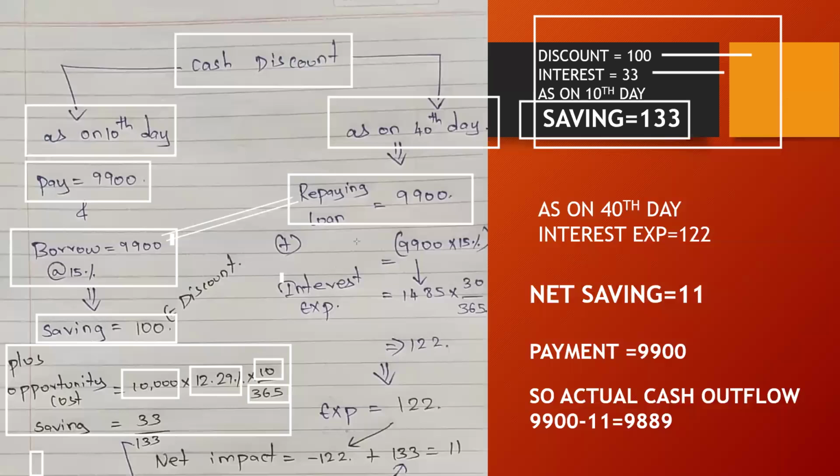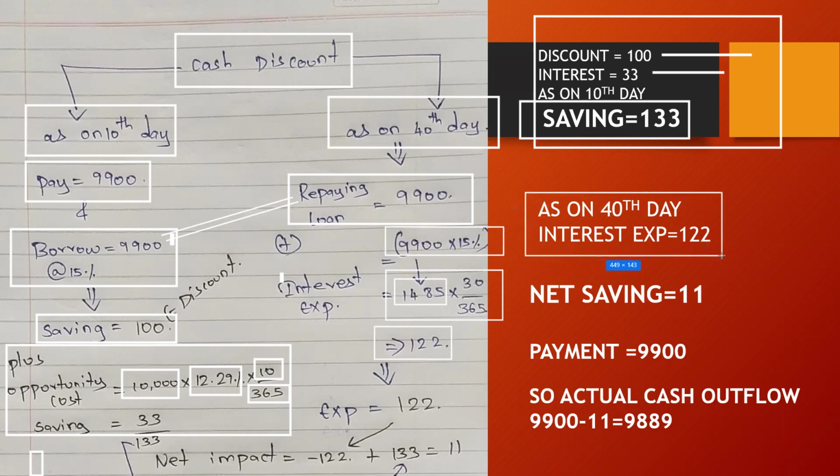You borrowed $9,900 at 15%, so the working for a year is $1,485, and for 30 days, 30 divided by 365, since it is the 10th day to the 40th day, so 30 days. You need to make a payment of $122 to the bank as interest, and $9,900 as the loan principal.